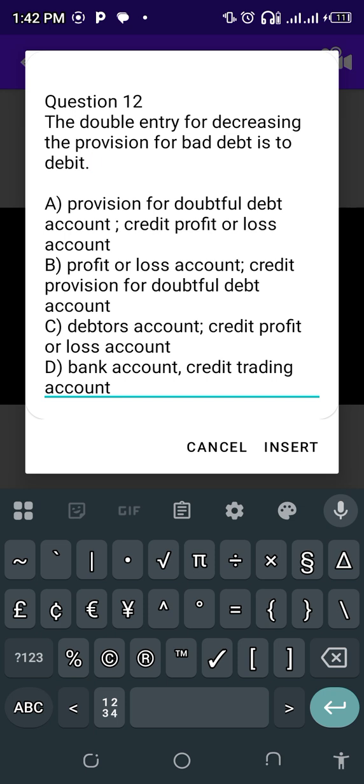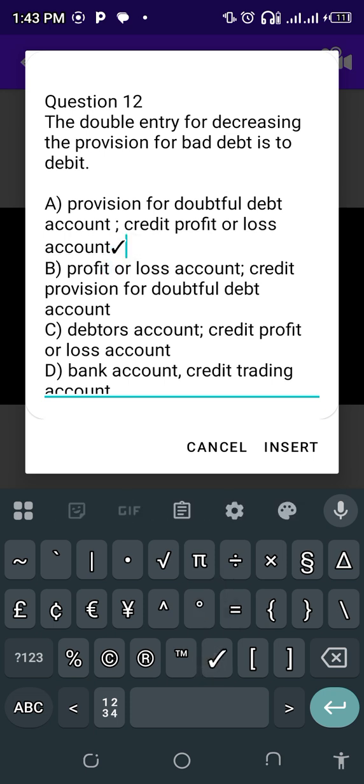To decrease it, we have to debit the provision for doubtful debt account and credit the profit and loss account. That is option A, and that is the correct option.